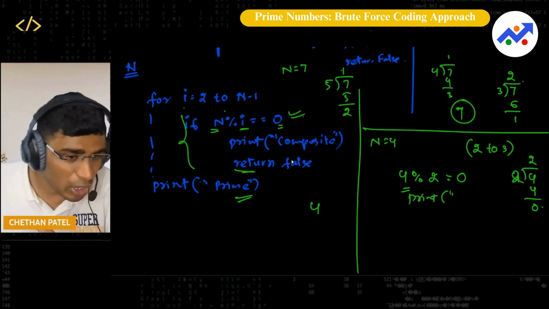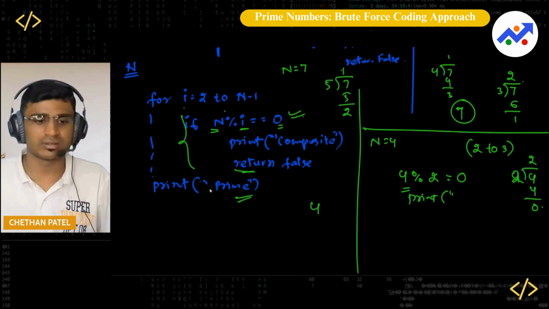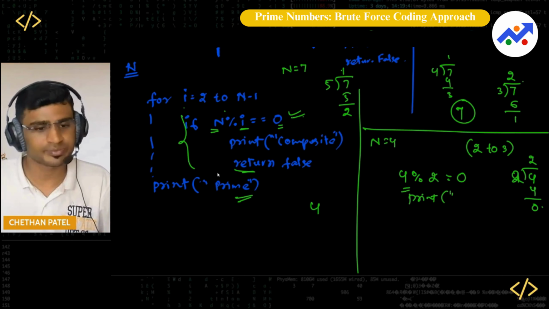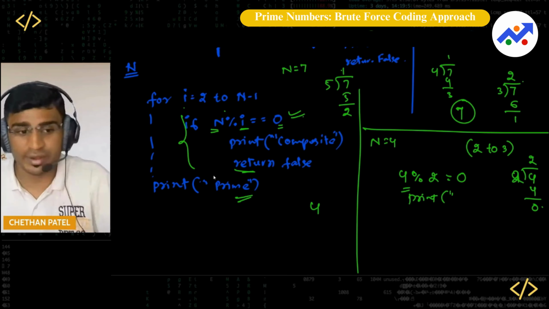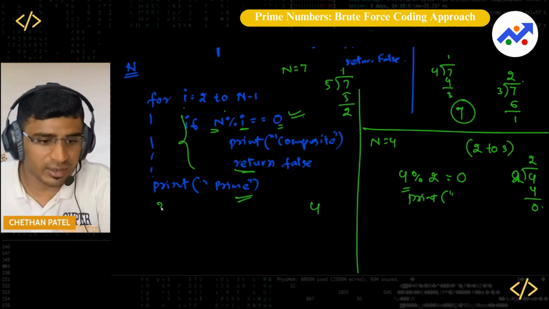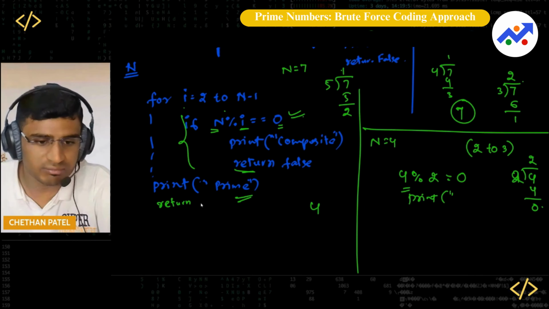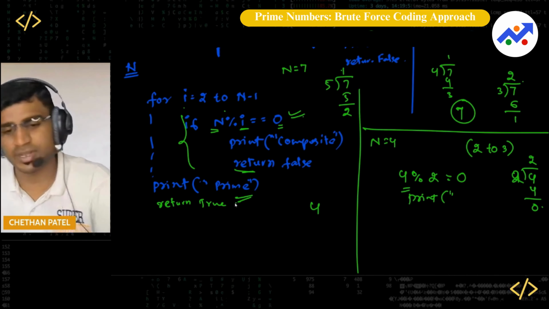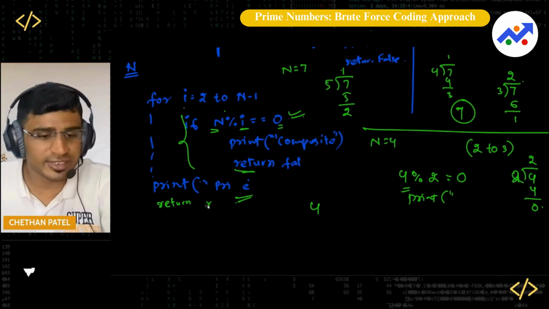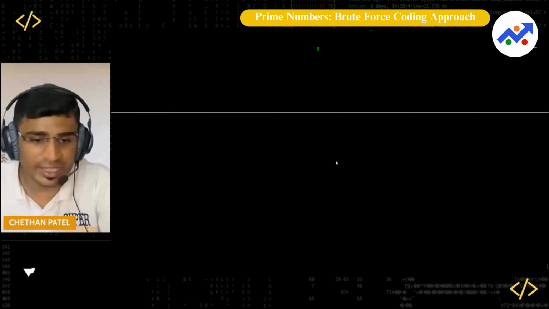We will come out of this loop so that it will not do anything. That is what we wanted to tell. So something like that. This is just pseudo code to identify whether the given number is prime or not.